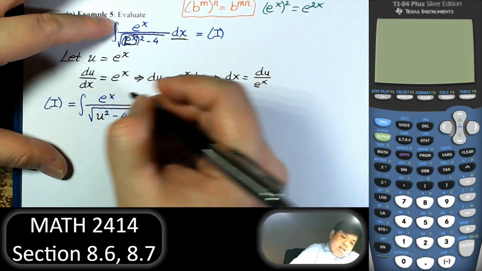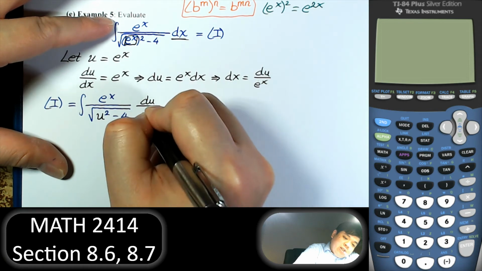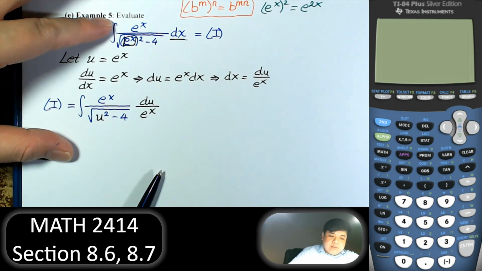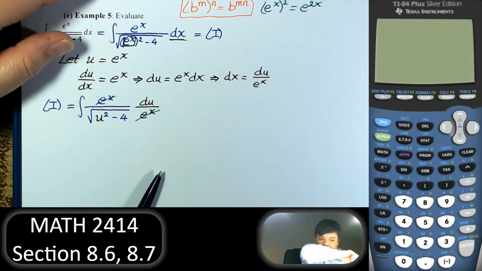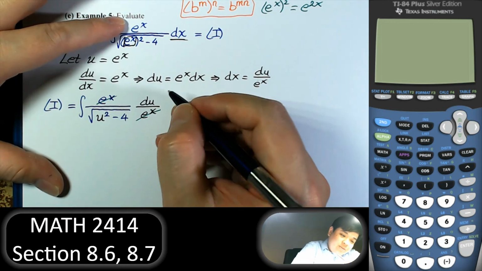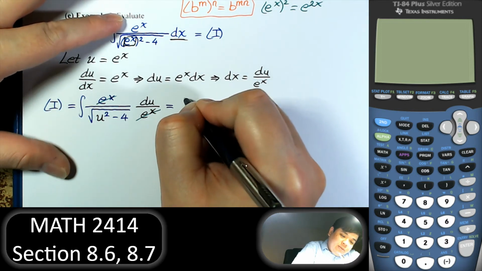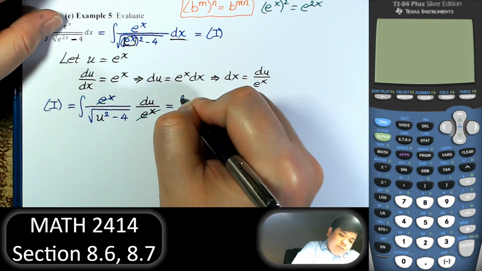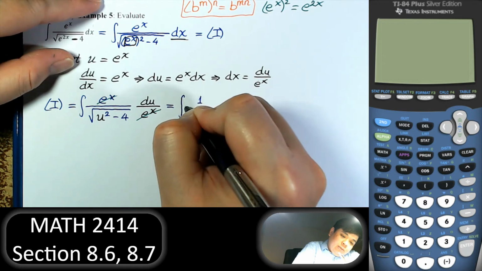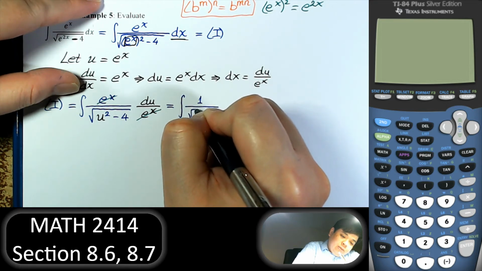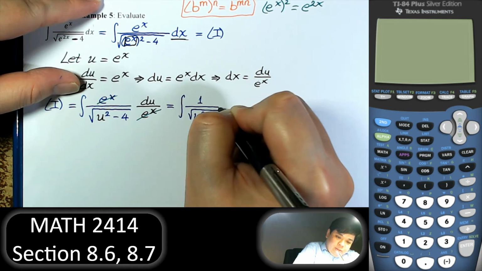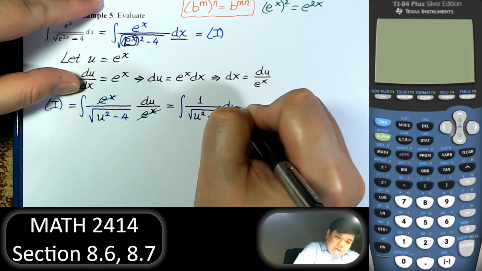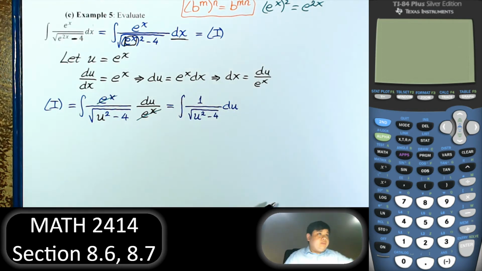And then dx is du over e to the x. The reason I said it doesn't matter is because they cancel out. Alright.